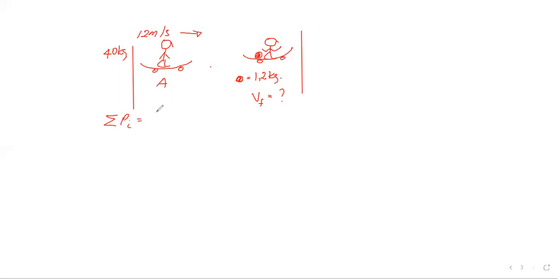Momentum before is basically the mass of the boy multiplied by his velocity, which is 40 multiplied by 12 kg meter per second. This is 480 kg meter per second east.